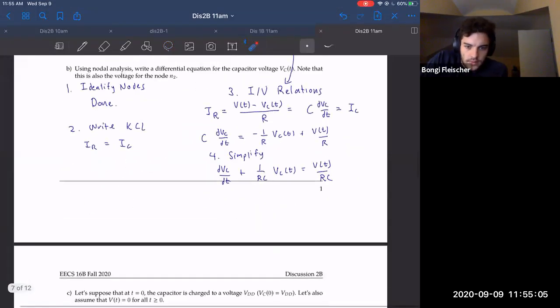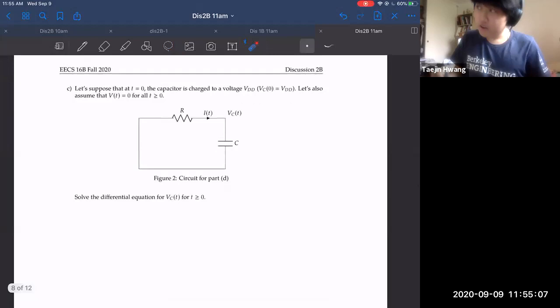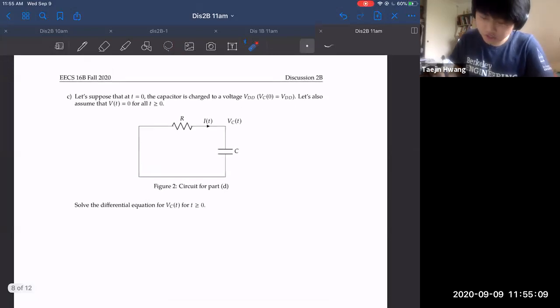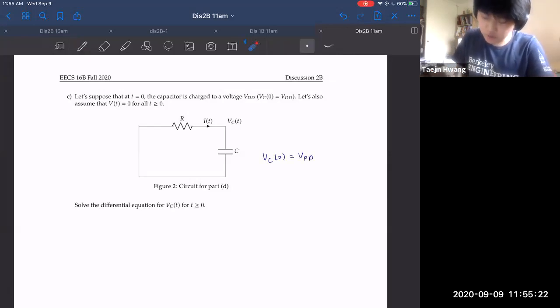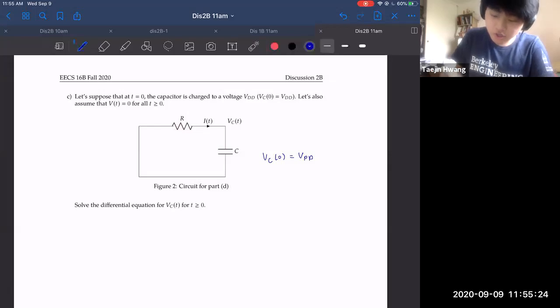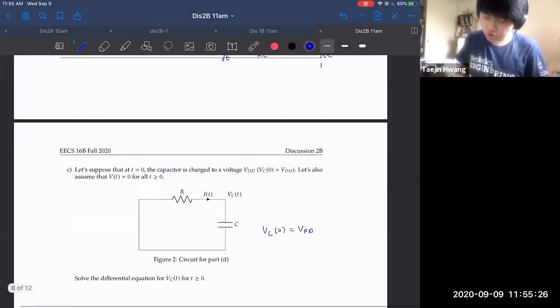Yeah. Okay. So now the last part of the question says we charge our capacitor to VDD. So Vc of 0 is equal to VDD. And now we're discharging the capacitor through this resistor, and we want to solve the differential equation.